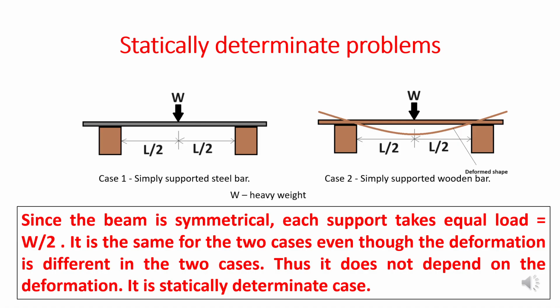What you can see on the screen, the beam is symmetric. Both the supports have to take the same load, irrespective of the material of the structure. Both ends have to take the same load.